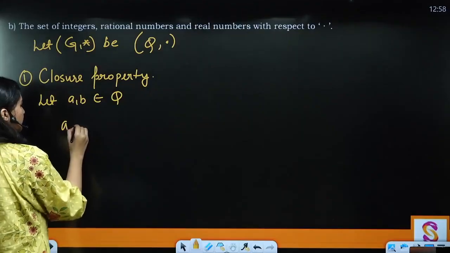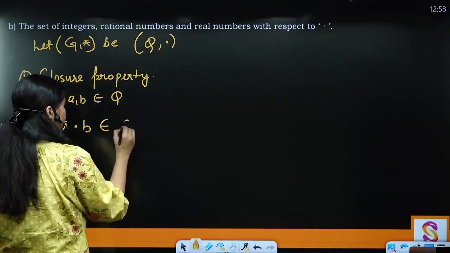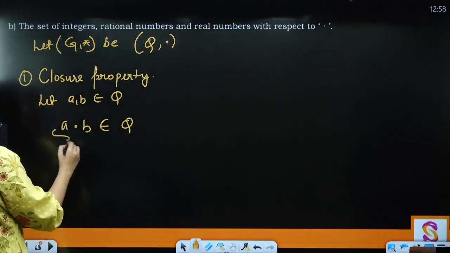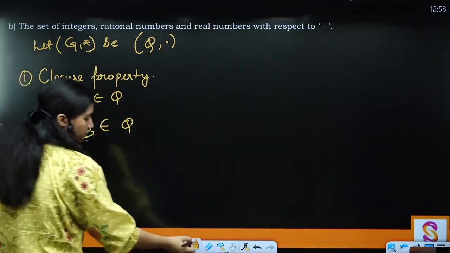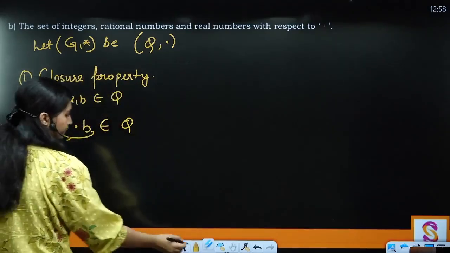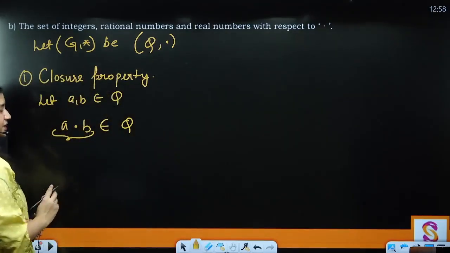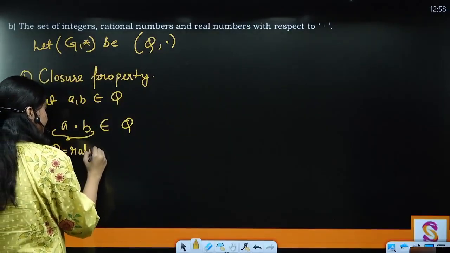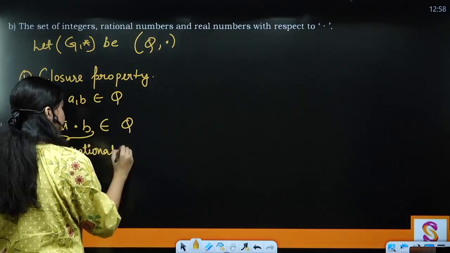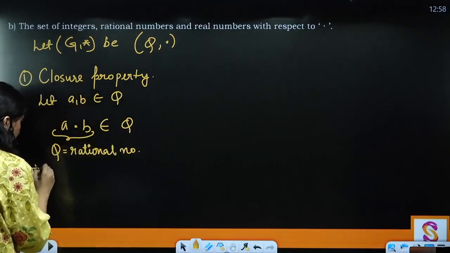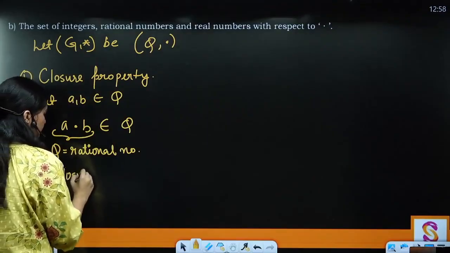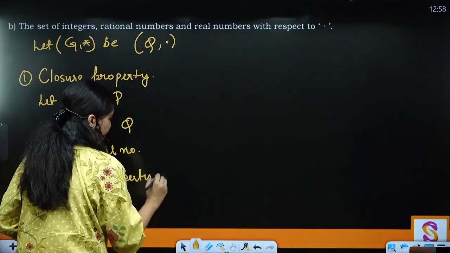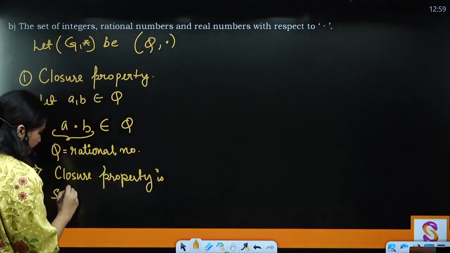Now a dot b is always going to be a rational number only, right? So the result of a dot b is always going to be a rational number only. So this implies that the closure property is satisfied, right?